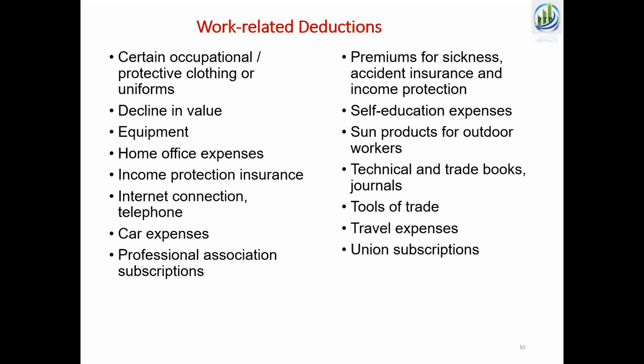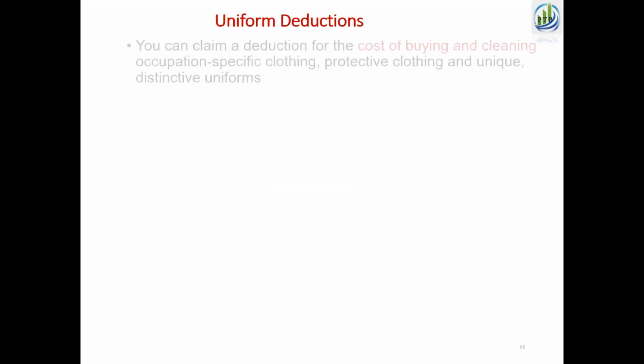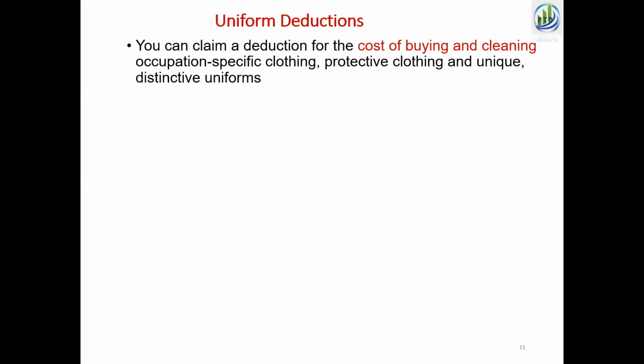So I will start with the uniform. The cost of buying and cleaning means if you purchase and spend money on, or clean, your occupation specific clothing, your protective clothing, and unique and distinctive uniforms.